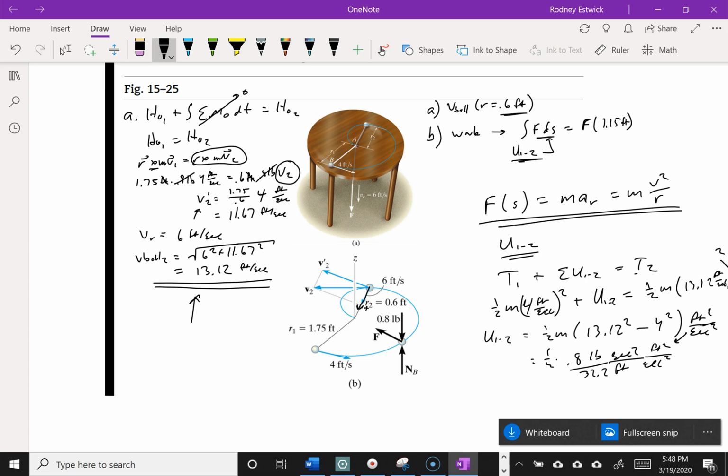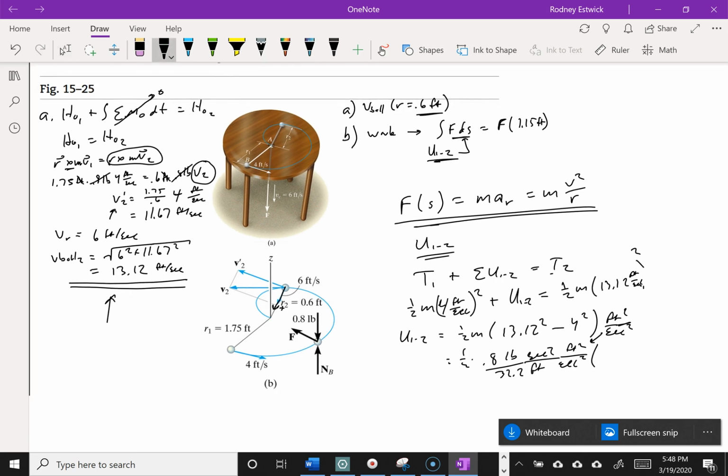I'm just moving this here. And then these terms, 13.12 squared minus 4 squared, for an answer of 1.933 pound-feet. So that's how you get the work.